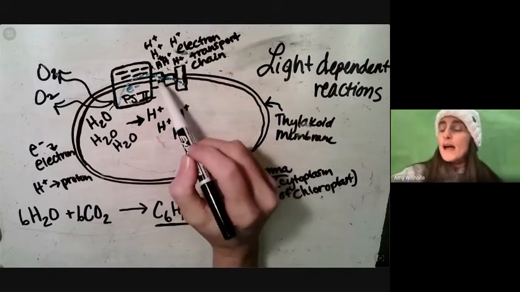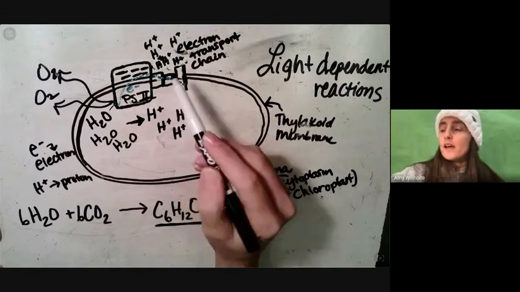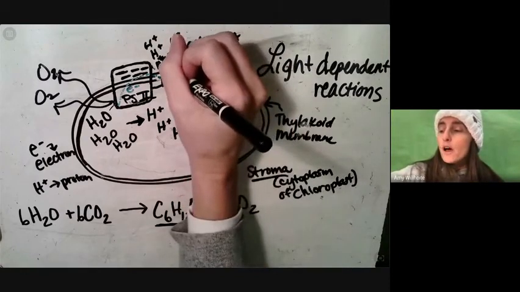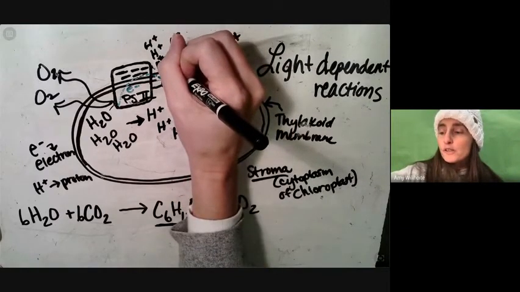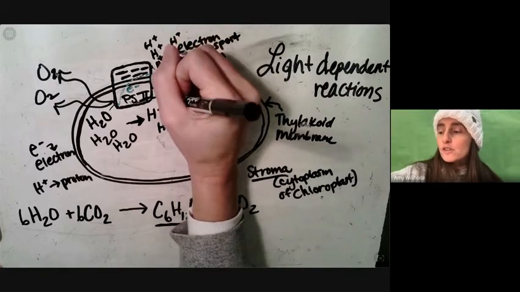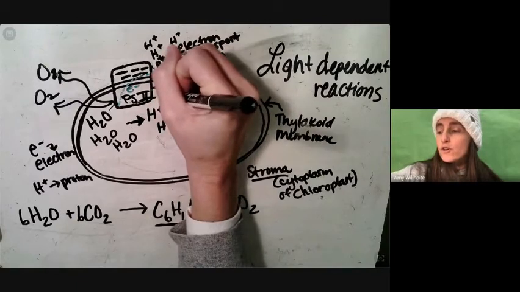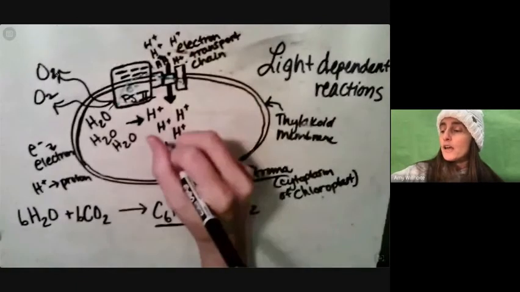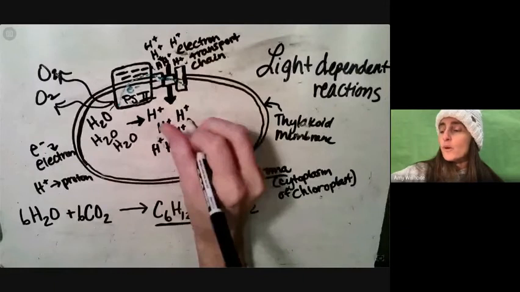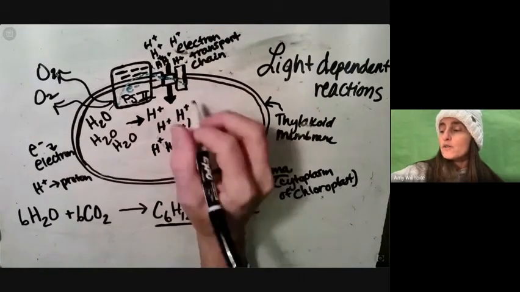When they go down the electron transport chain, it fires up the electron transport chain proteins, and it allows these hydrogens to come through a channel that is an active transport channel, pushing a bunch of hydrogen in where we already have some from splitting the water. So now we have a lot.